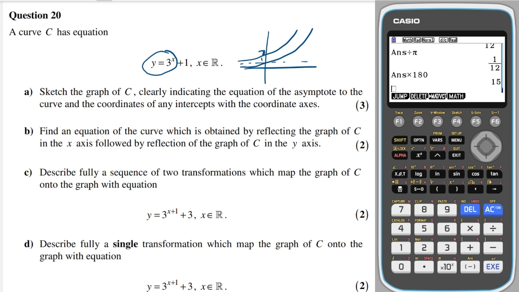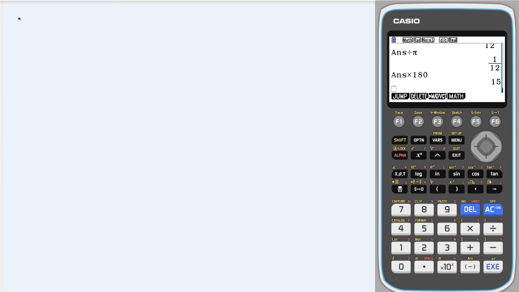Okay, so I'll sketch that a bit neater down below. We'll have an asymptote going through at 1, and then we'll have our curve coming up across there, up and up, and that's going to go through at 2.